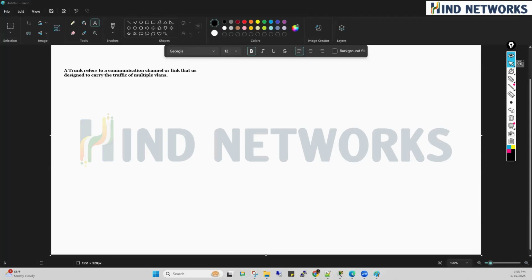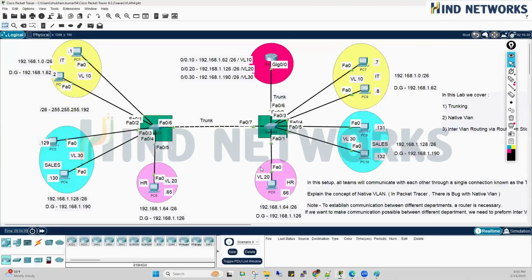So now, what was the problem if we do not have trunking? The first one is that our topology was a little bit complex. Previously, between the switches and the router, we had three different links for VLAN 10, 20 and 30. But now we have only a single link.